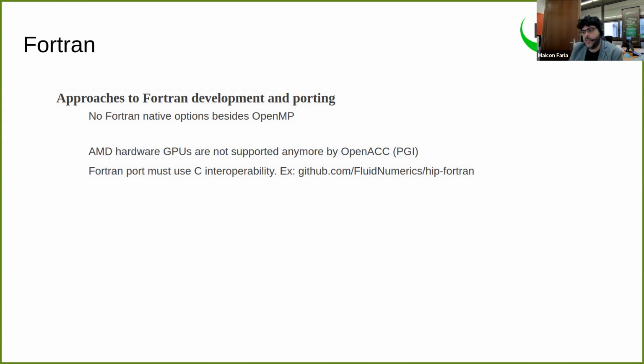HIPIFY is a good tool. And here there is an example. I think the presentation will be kept by most of the people who are interested, to check someone's implementation using HIP, Fortran, and C interoperability.